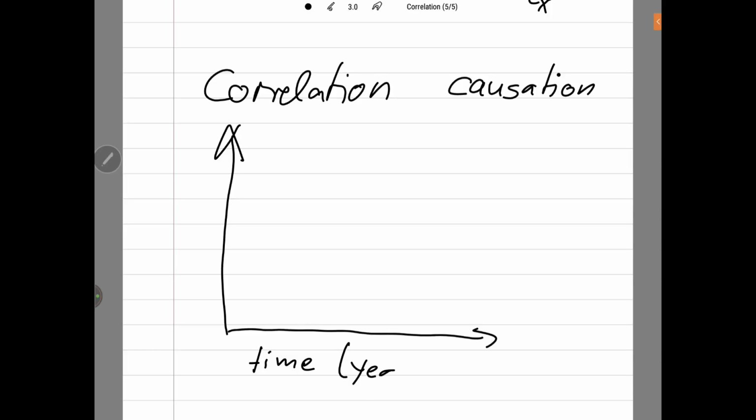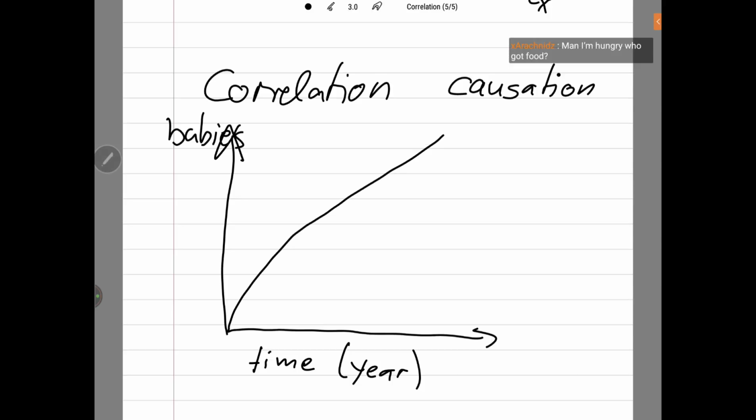And they measured the number of babies born over the time. And what they found was something like that. So far, so good. Over time, more babies get born.